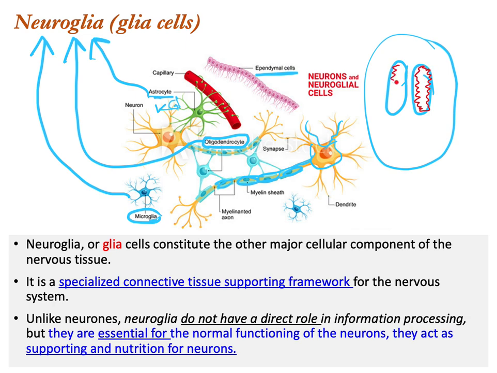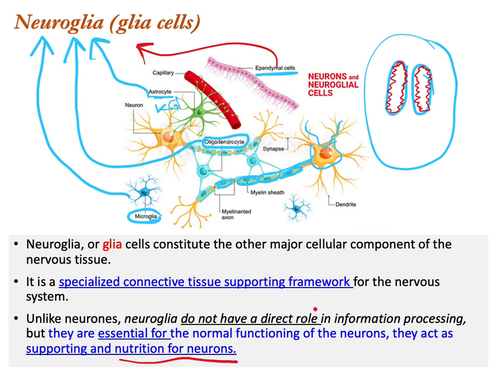We'll talk more about that when you take the lecture about ventricles and CSF and so forth. So these ependymal cells are a kind of glia cells. All of what you see here supports the function of neurons, and they are essential for the support and nutrition of neurons, as I mentioned.